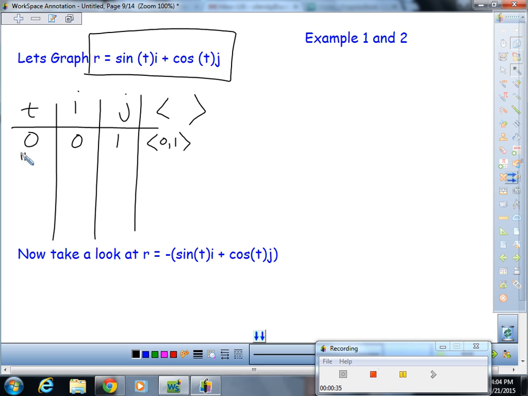At t equals pi over 3, our i is 1/2, our j is radical 3 over 2, and our vector value is 1/2, comma, radical 3 over 2, okay? Let's do this. Pi over 2. We got radical 2 over 2.